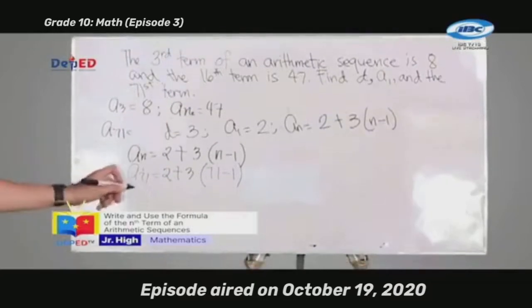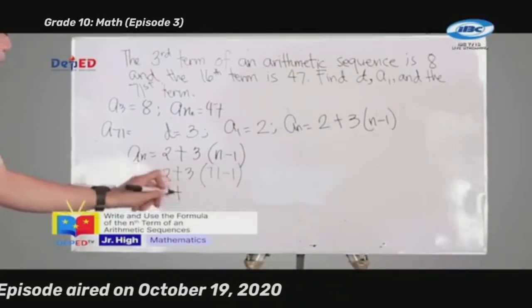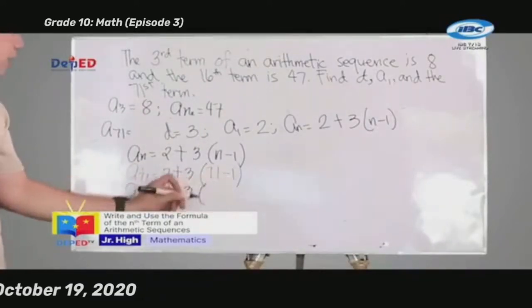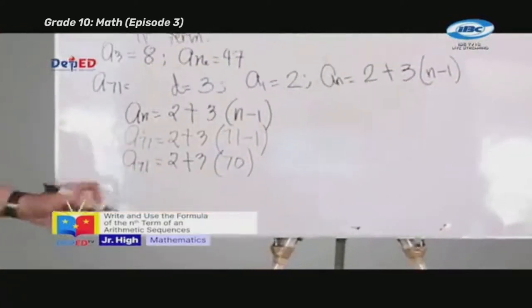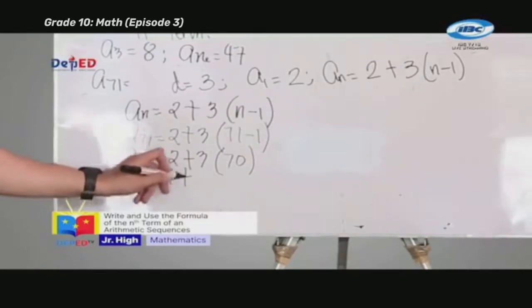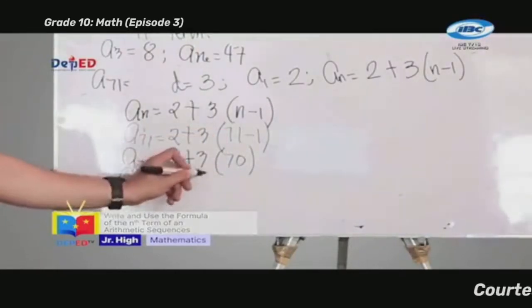Next, 71 minus 1 is 70. Next, we have a sub 71 is equal to 2 plus the product of 3 and 70, that's 210.